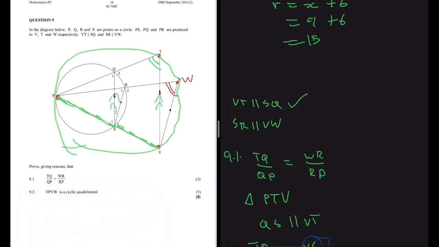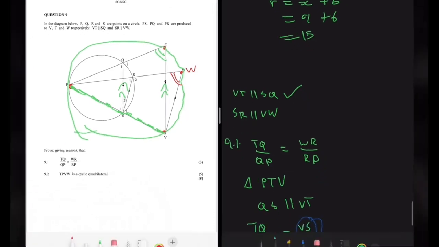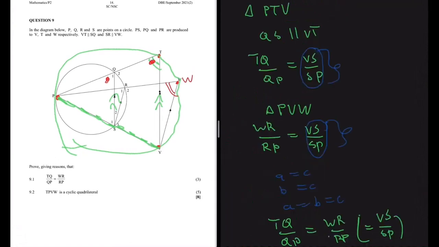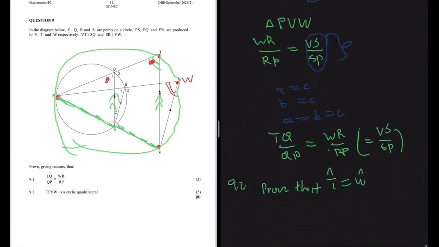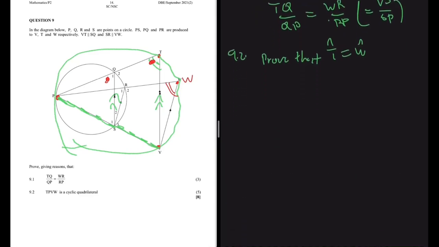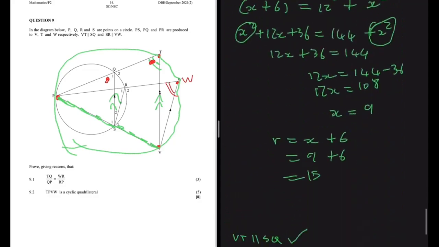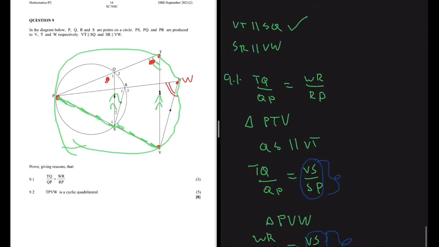If VT is parallel to SQ, then Q1, this angle Q1 here, should be equal to angle T. Q1 and T are corresponding angles. So let's write that down for the sake of clarity. So we say Q1 is equal to T, because they are corresponding angles, right? And then let's go back to our keywords. So we've used the first one, we are only left with the second one, right?